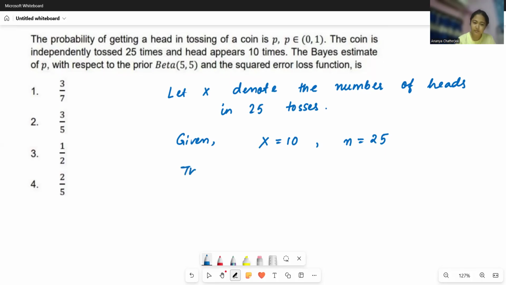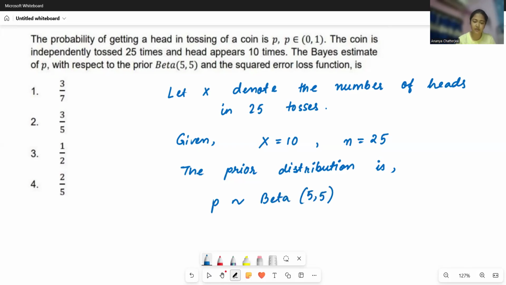Now, the prior distribution is P follows Beta(5, 5).